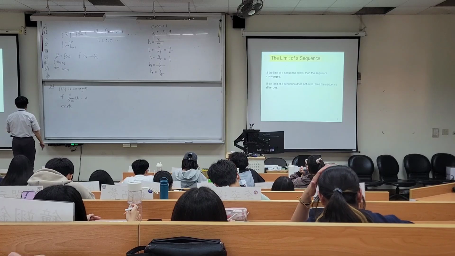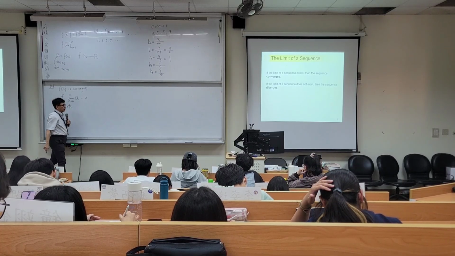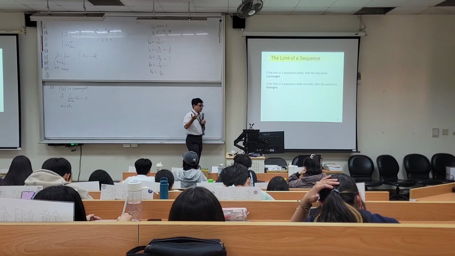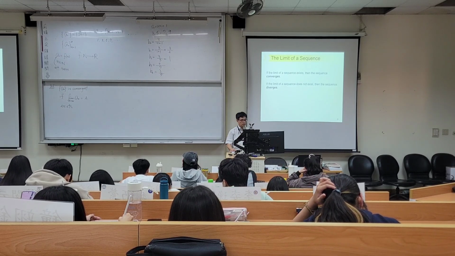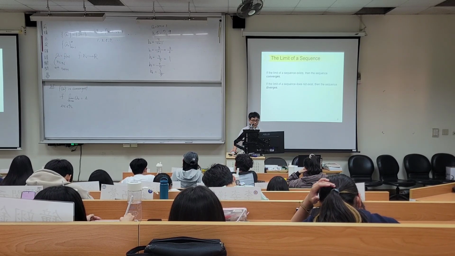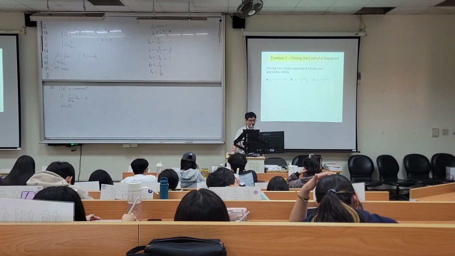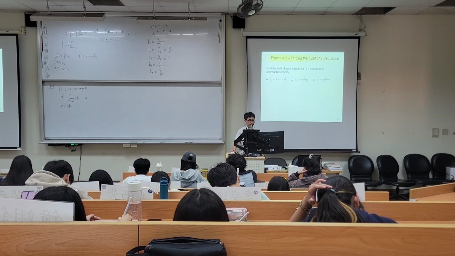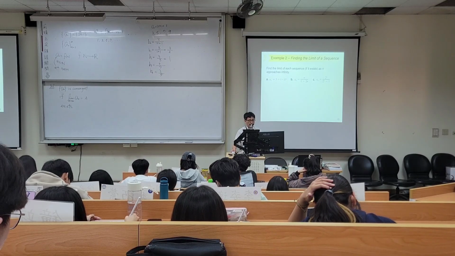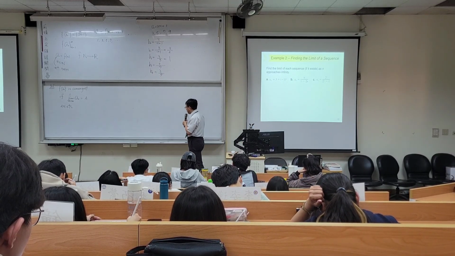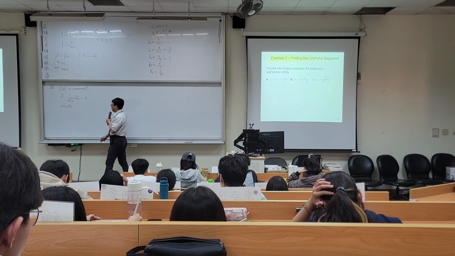And if the limit does not exist or equals infinity, then we say this sequence is divergent. It diverges. Okay? On the other hand, the sequence is divergent. So to determine this, we find the limit, and then we know whether the sequence is convergent or divergent.